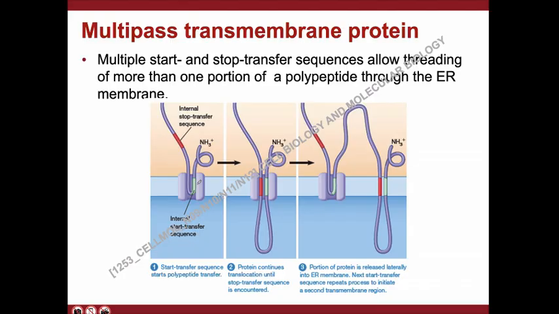This creates a polypeptide containing multiple transmembrane segments that pass back and forth across the membrane. It threads continuously until it encounters the next stop transfer sequence. At this point, the next transmembrane section is released into your ER membrane.